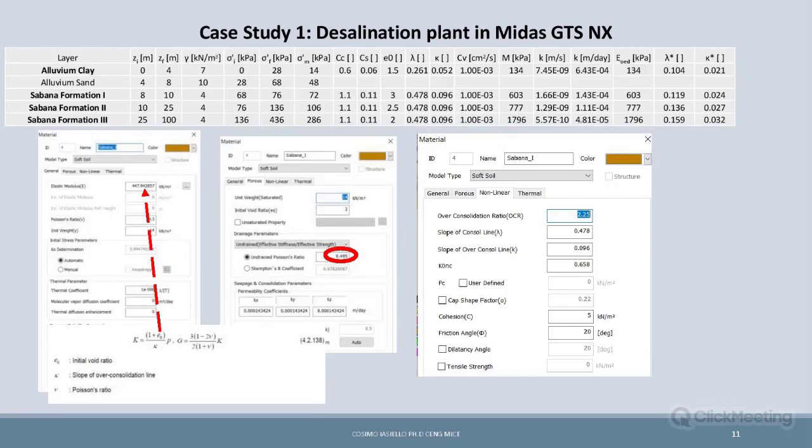The materials: it is evident that this material can't be modeled as Mohr-Coulomb or something different. So we employed here, I don't know if you can see my screen correctly, I hope so, the soft soil model.